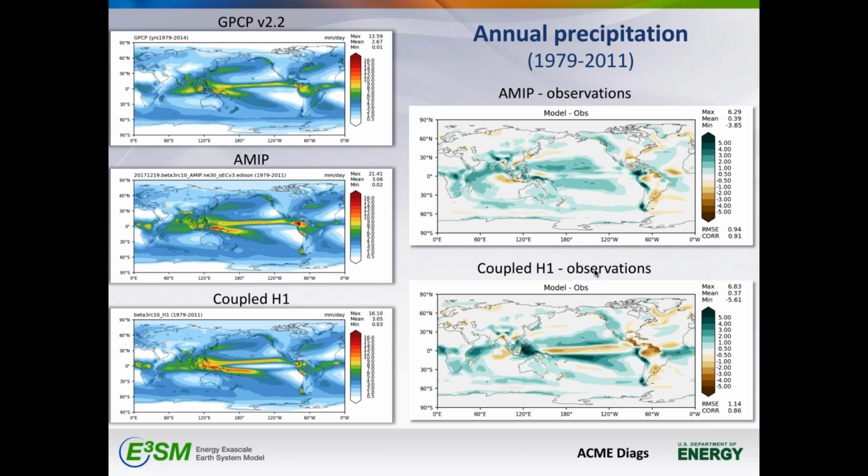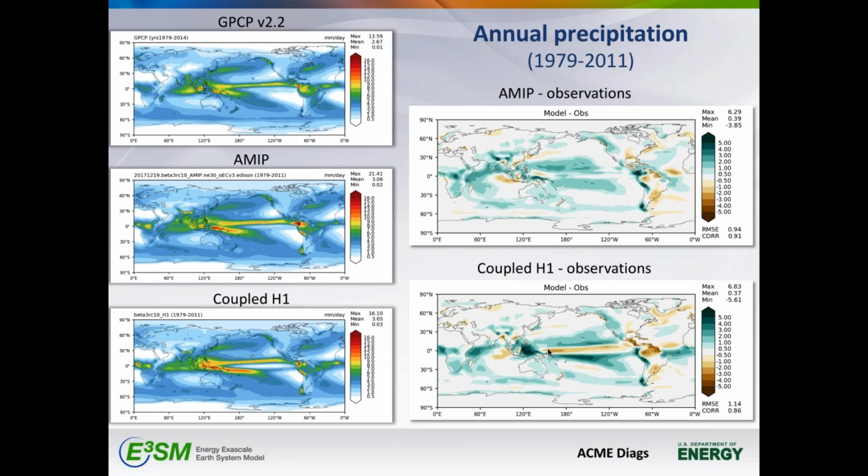So the most striking feature, of course, is that in coupled mode, we see a clear signal of a double ITCZ, the areas of excessive precipitation here around the equator, and you see it here as well by SPCZ that is too strong and too zonal here. So that translates into the bias here.